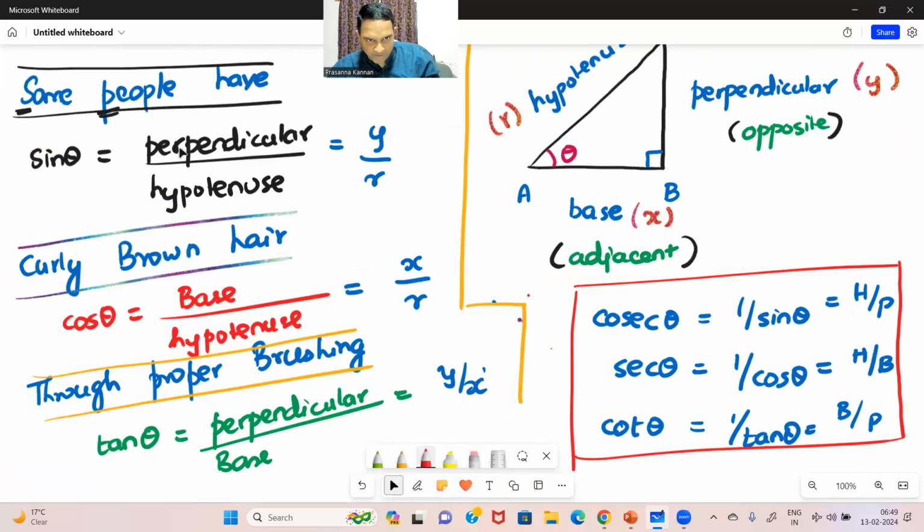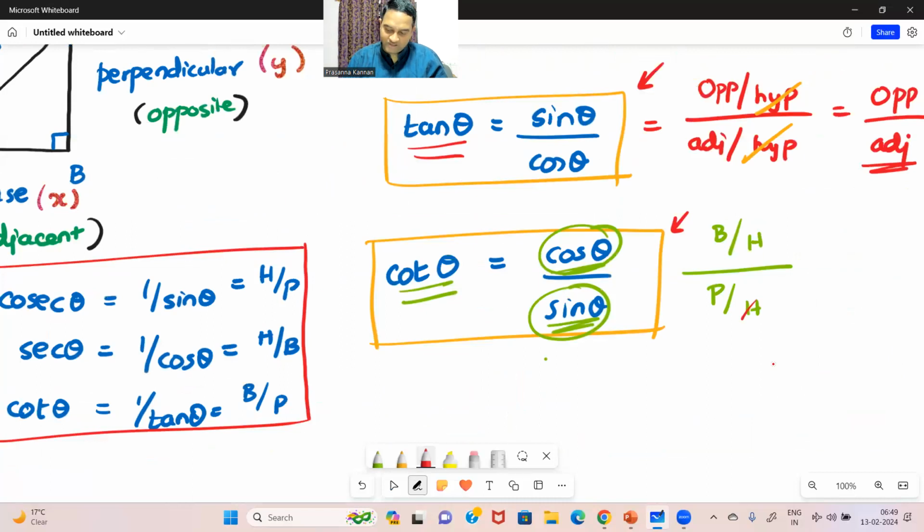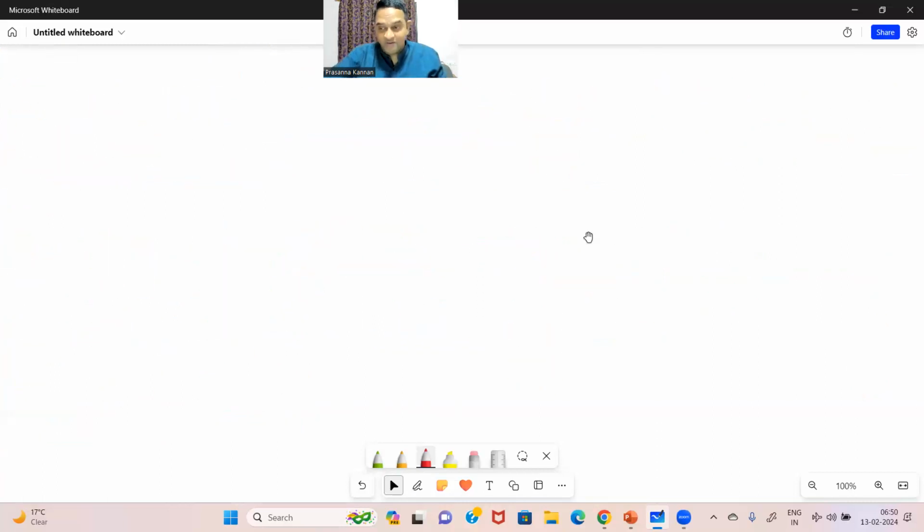So h and h cancel, and you get base by perpendicular, or if you're comfortable with adjacent, then it is adjacent by opposite. These 6 trigonometric ratios, you should be strong. Whichever method you follow, no problem, but you should be thorough with that. Will you practice this today? Yes, uncle, sure.